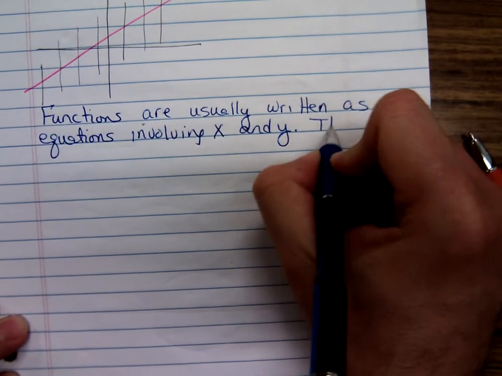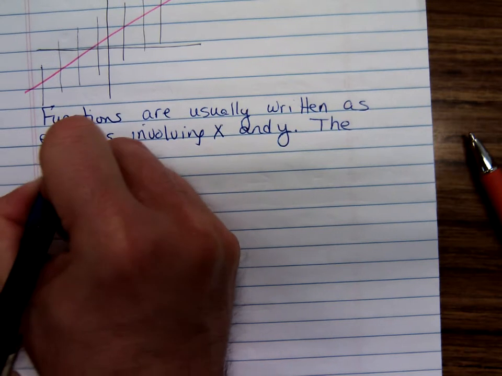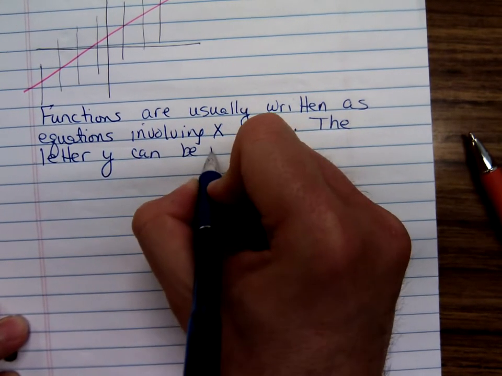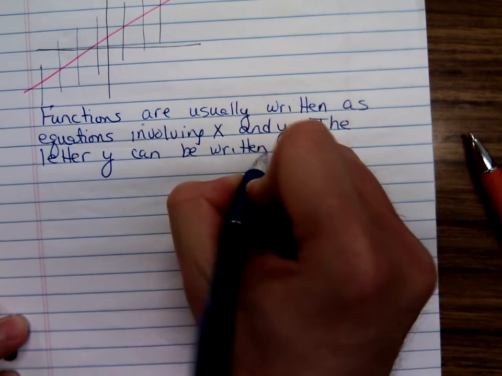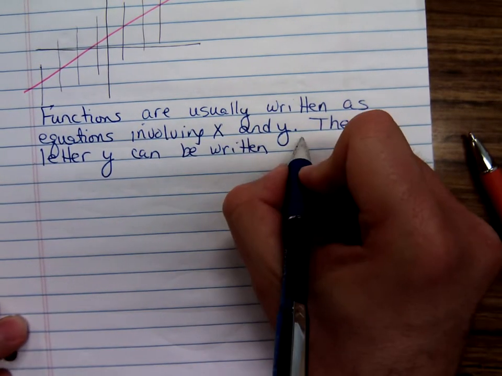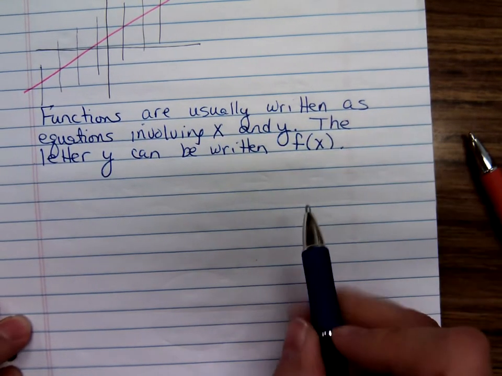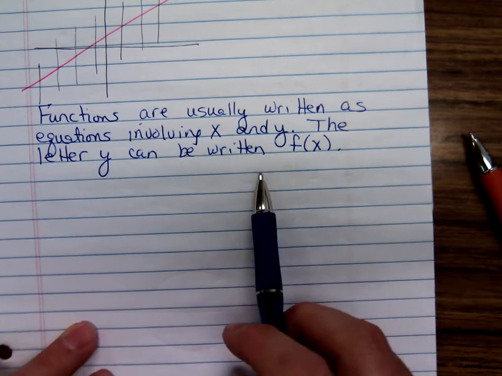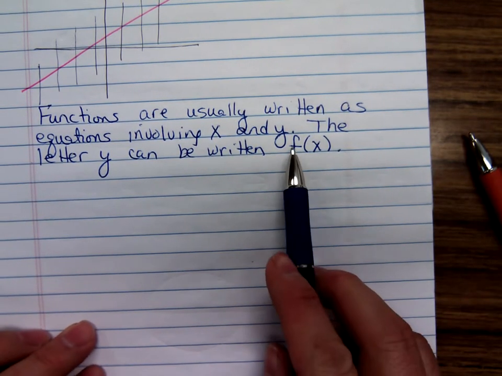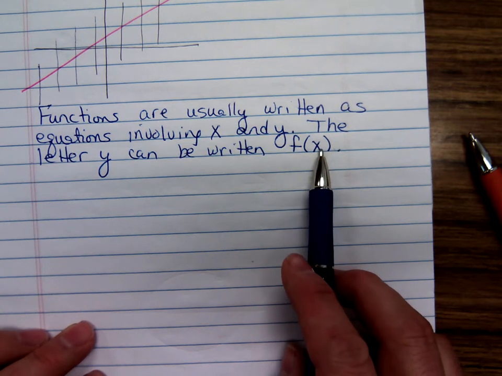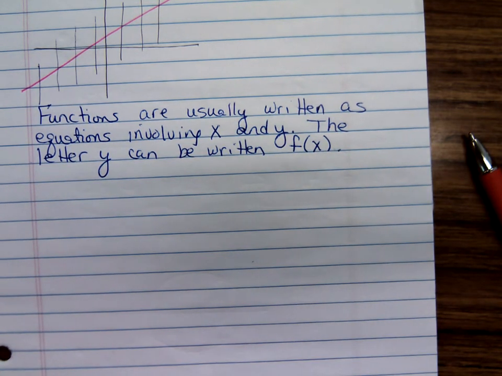The letter y can be written using function notation, which looks like this: f parentheses x. You're going to read this as f of x or a function of x. Don't panic. It isn't going to start getting any harder than this, I'll tell you when it starts getting harder.